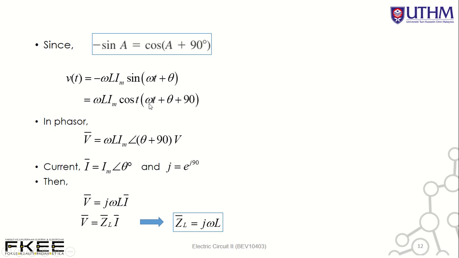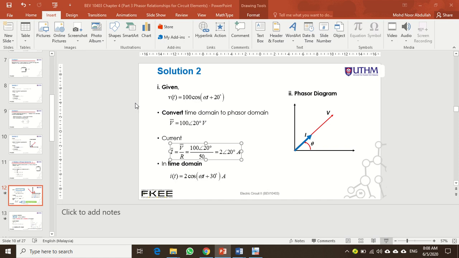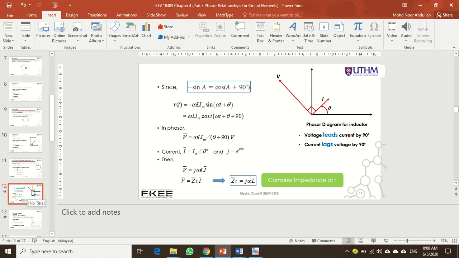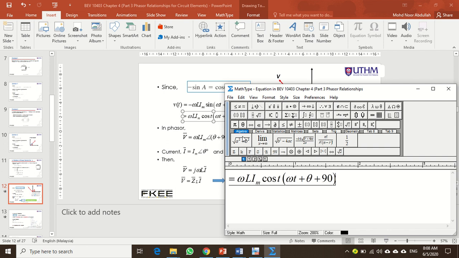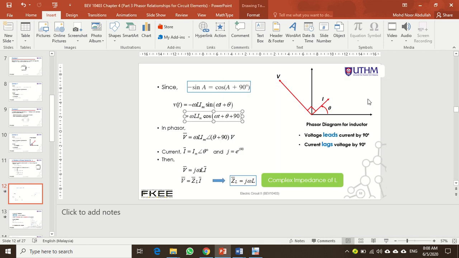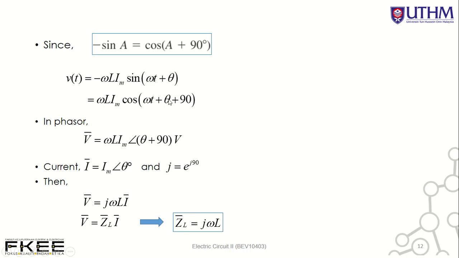Sorry, so many typos. This is cos(omega t plus theta plus 90 degrees), due to this identity, so Vt equal to omega L Im cos(omega t plus theta plus 90 degrees).